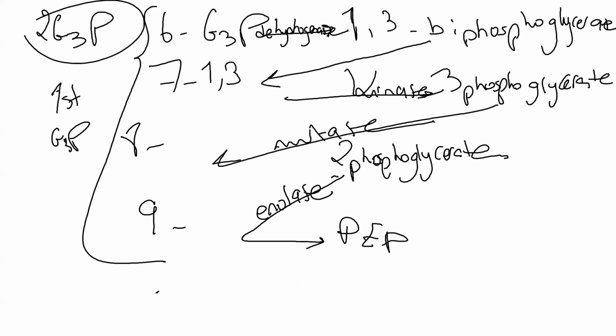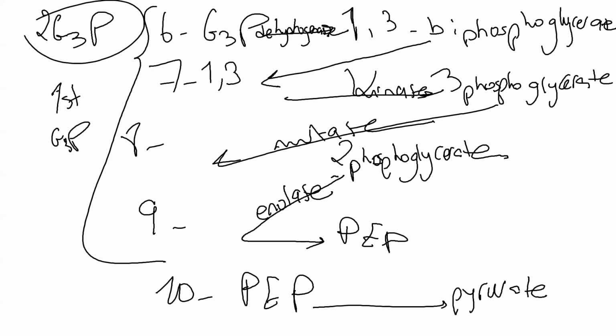And then this PEP, which is the last step, will become a pyruvate by kinase enzyme. Pyruvate usually has 3 carbons. So if you see that glucose, the C6H12O6, was 6 carbons, it ended up with 3 carbons after glycolysis.